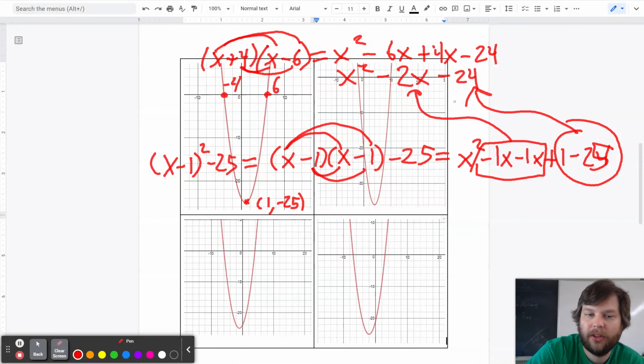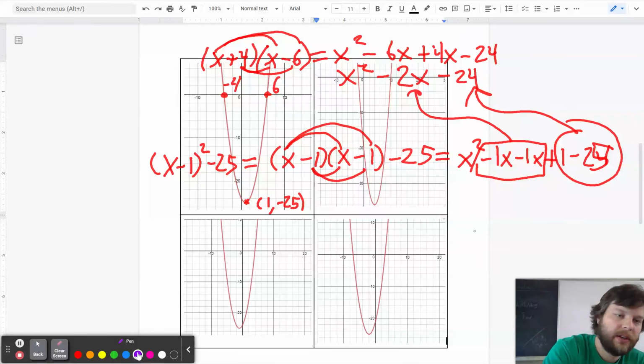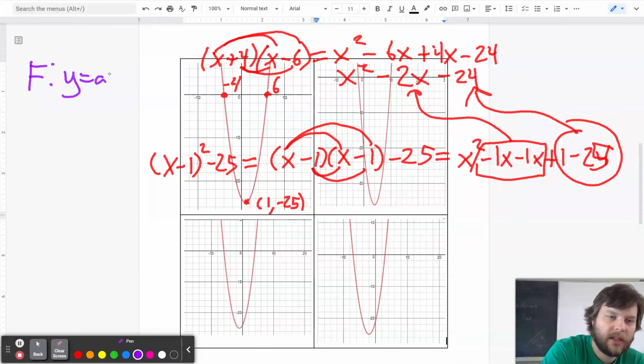I can get there from either my vertex form or from my factored form. It's a little bit more complicated when the a value is not equal to 1, but when the a value is equal to 1, your equations are a little bit easier to convert. So just as a reminder, you should definitely have this written down in your notes. Factored form looks like this: a times x minus p times x minus q.